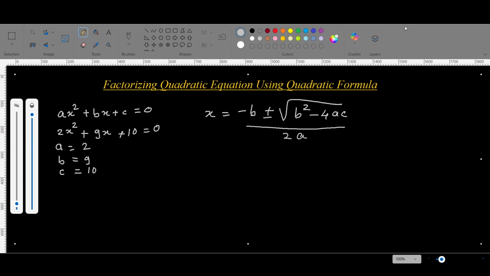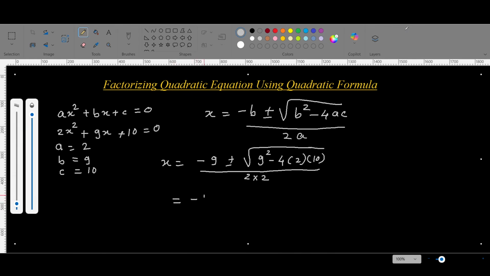In the quadratic formula, we get x equals negative 9 plus or minus root over 9 squared minus 4 into 2 into 10, divided by 2 into 2. Let's calculate. So negative 9 plus or minus root over 81 minus 80, divided by 4. 4 2s are 8, 8 10s are 80.